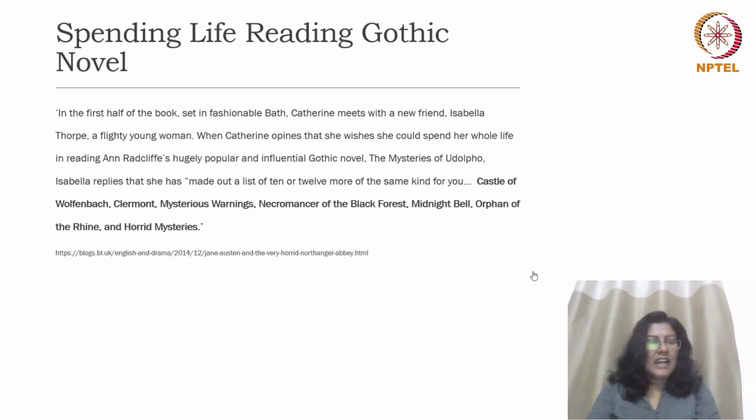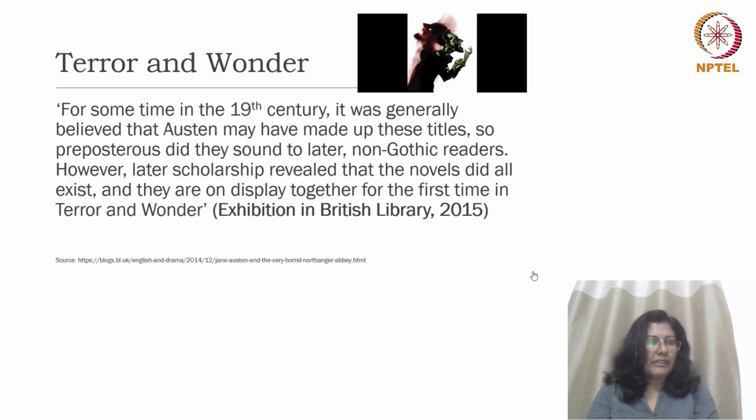And these are actual titles of real books that came out in that period. For some time in the 19th century, it was generally believed that Austen may have made up these titles, so preposterous did they sound to later non-Gothic readers. Later scholarship revealed that the novels did all exist, and they are all on display together for the first time in Terror and Wonder, an exhibition in the British Library.